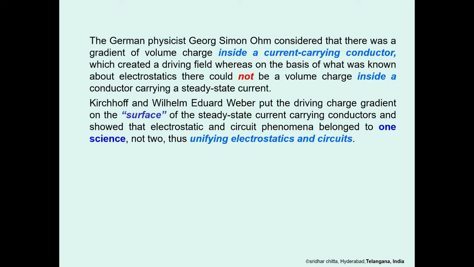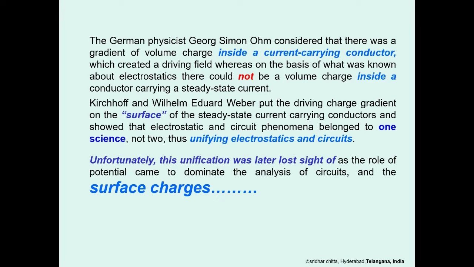Kirchhoff and Wilhelm Edward Weber put the driving charge gradient on the surface of the steady-state current-carrying conductors and showed that electrostatic and circuit phenomena belong to one science, not two, thus unifying electrostatics and circuits. Unfortunately, this unification was later lost sight of as the role of potential came to dominate the analysis of circuits and the surface charges disappeared from view.